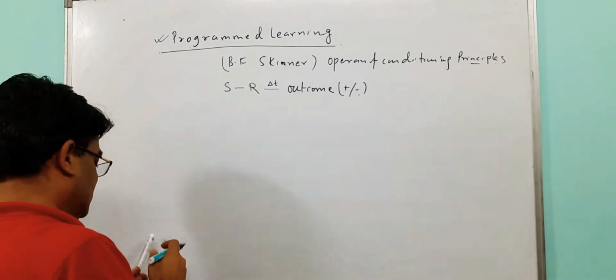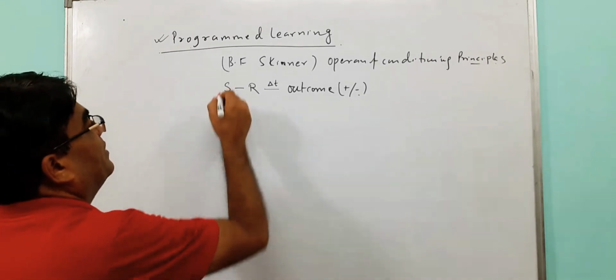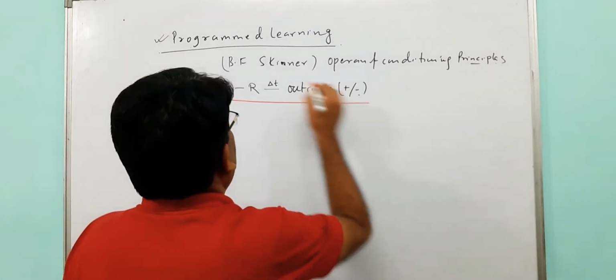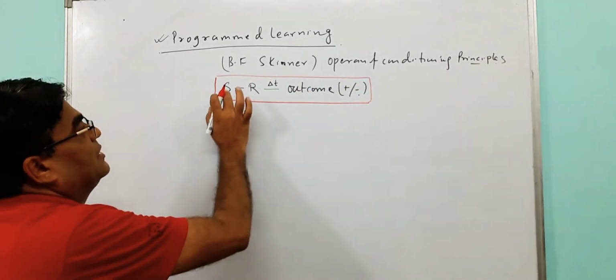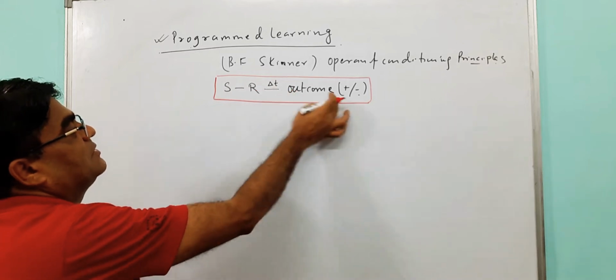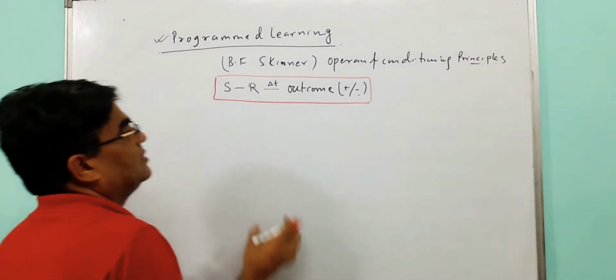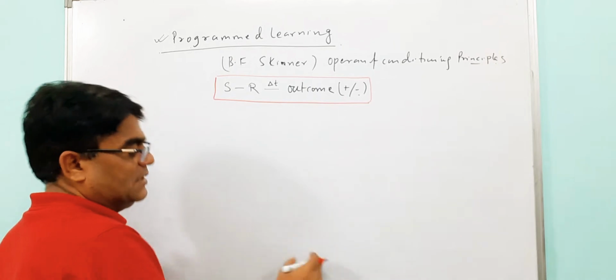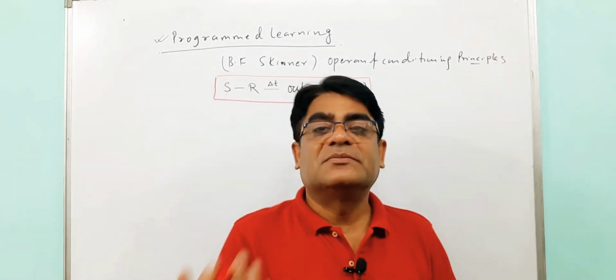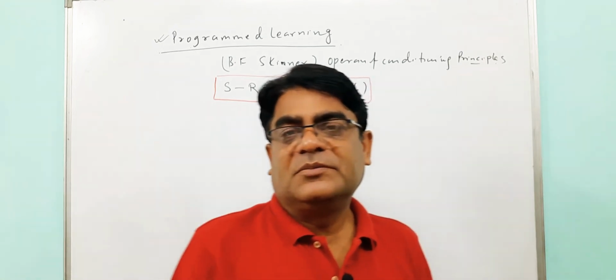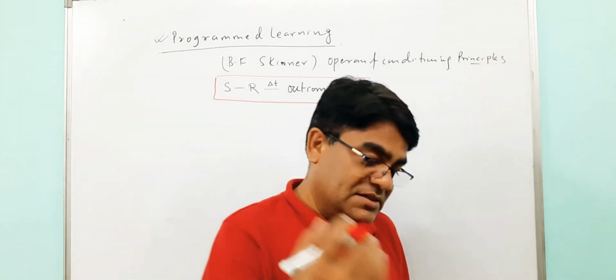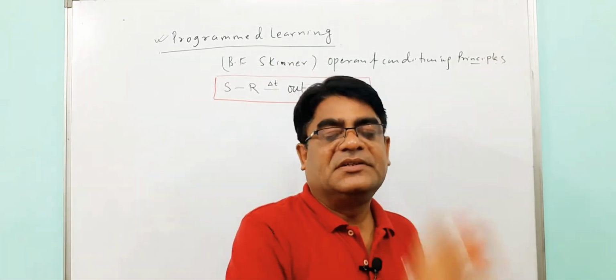So you know that this is the principle of programmed learning. In simple terms, behavior is influenced by its outcome. Or in more specific or operational terms, reinforced response is repeated.